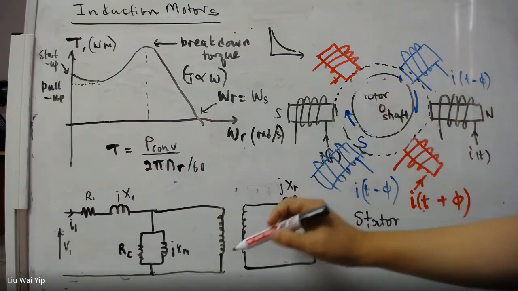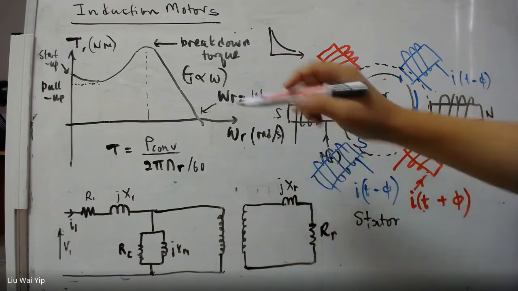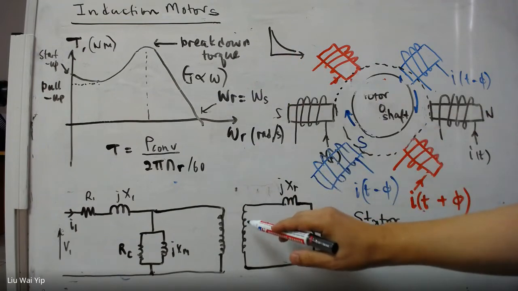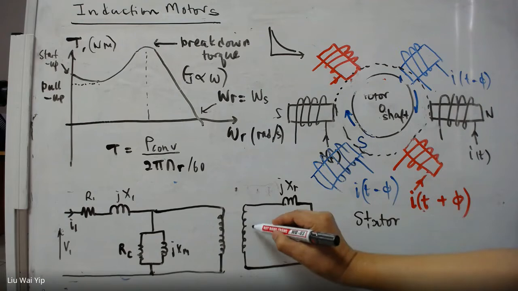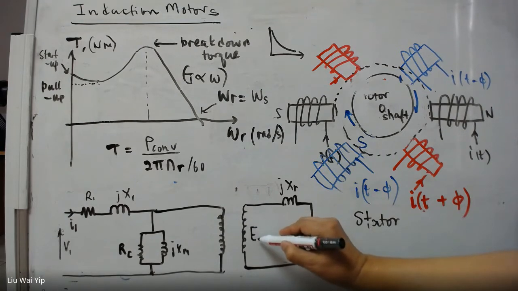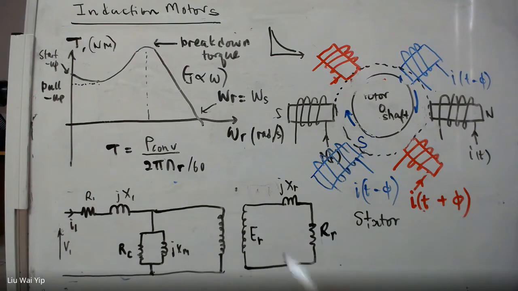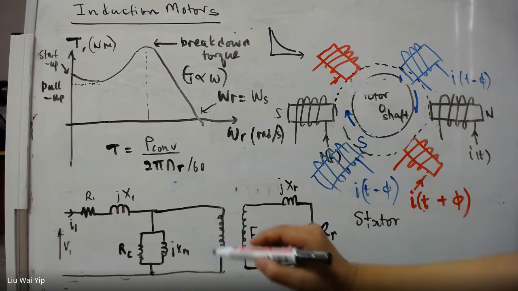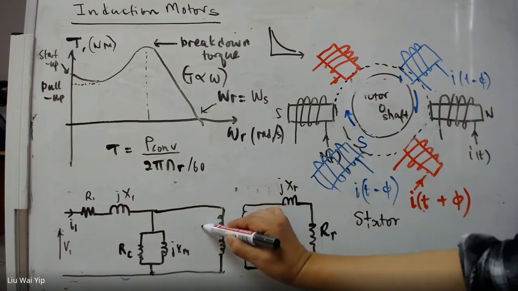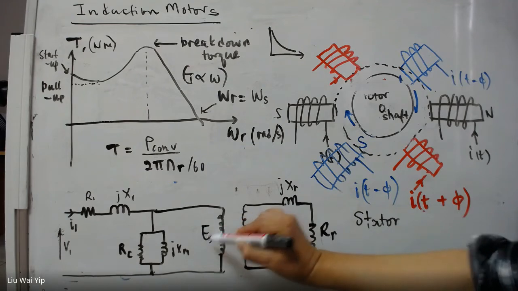But we have a voltage built up in the secondary, and this voltage is so-called ER. R stands for the rotor, and we also have a stator voltage ES. Okay.